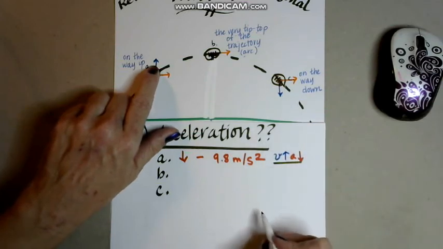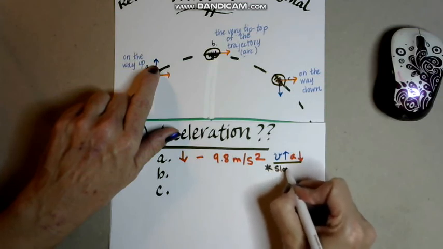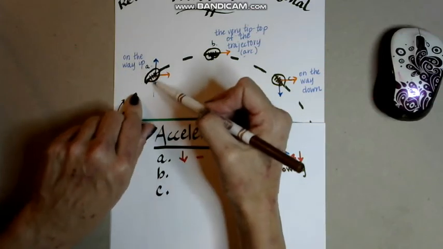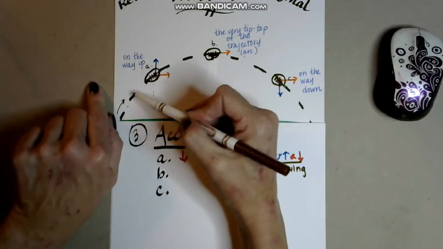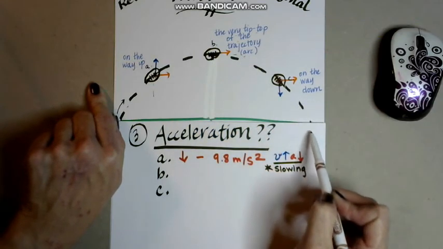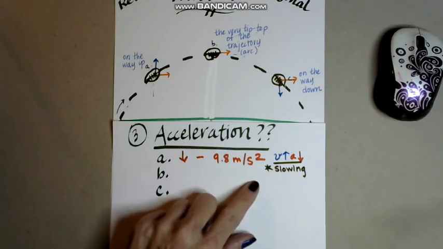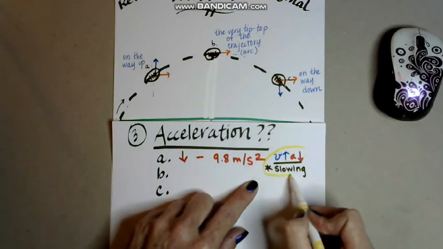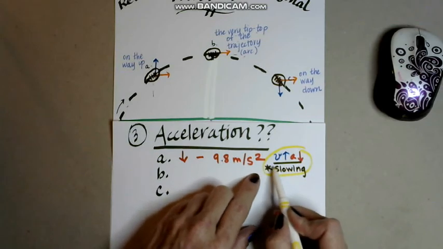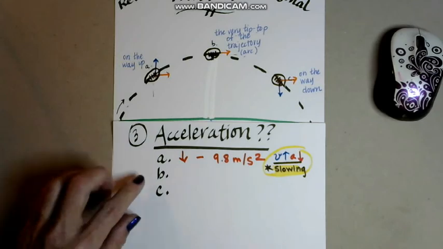If they are in opposite directions, you would expect that it is slowing down. And in fact, it is, because as it goes up, it goes fast, slow, slow, slow, fast, fast, fast. This makes sense. Don't overthink it. Velocity is up, acceleration is down. It is slowing. That makes sense. Next.